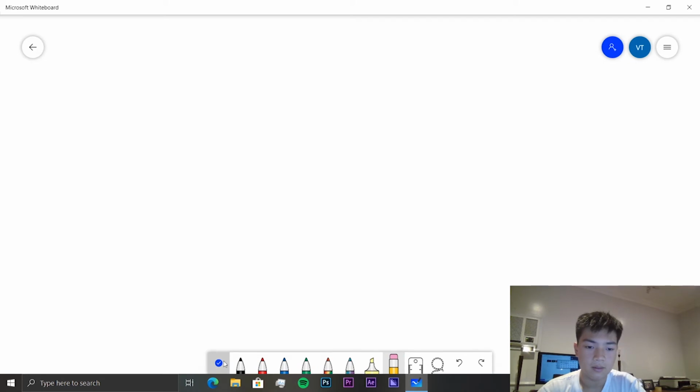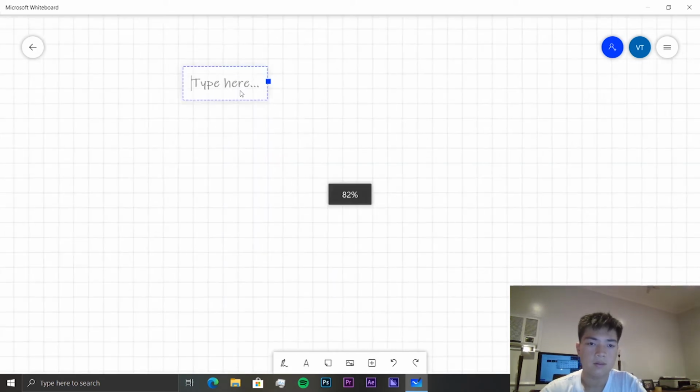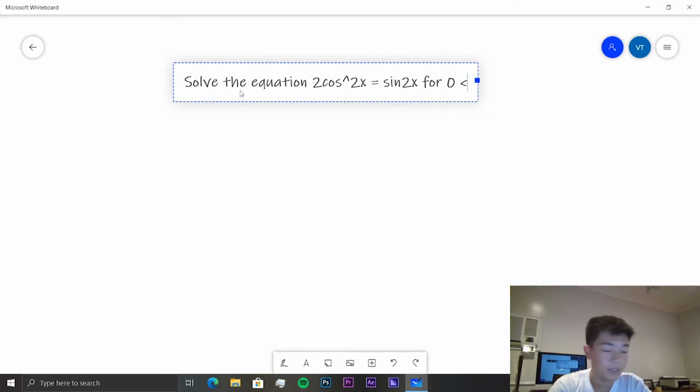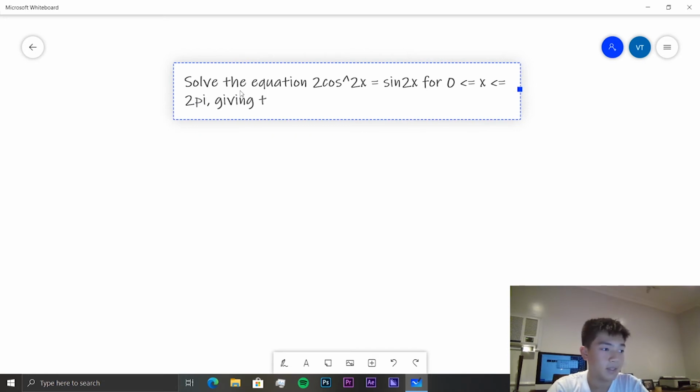16. Solve the equation 2 cosine squared x is equal to sine 2x for 0 is less than or equal to x is less than or equal to 2 pi, giving the answer in terms of pi.